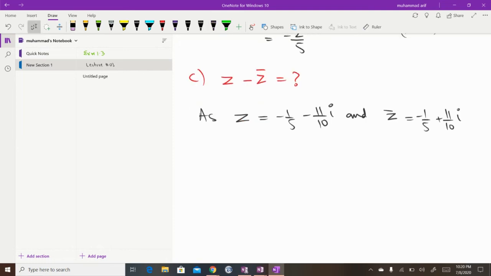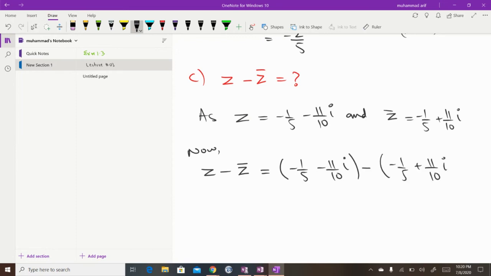Now we calculate z minus z conjugate. What is the value of z? The value of z is negative 1 by 5, negative 11 by 10 iota, minus negative 1 by 5, positive 11 by 10 iota.